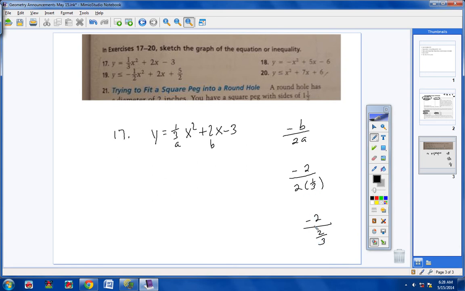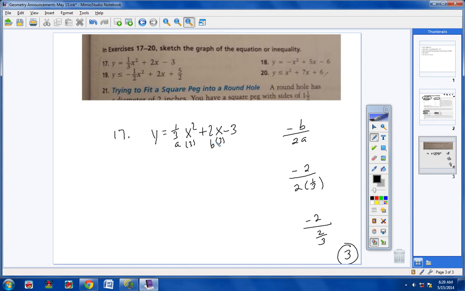And then 2 divided by 2/3 would be 3, I believe, but I'm going to make sure. 2 divided by 2/3 is 3. So yes, you would get 3. Now you take this number and you put it in for x. You put a 3 here, put a 3 here, and you evaluate it.